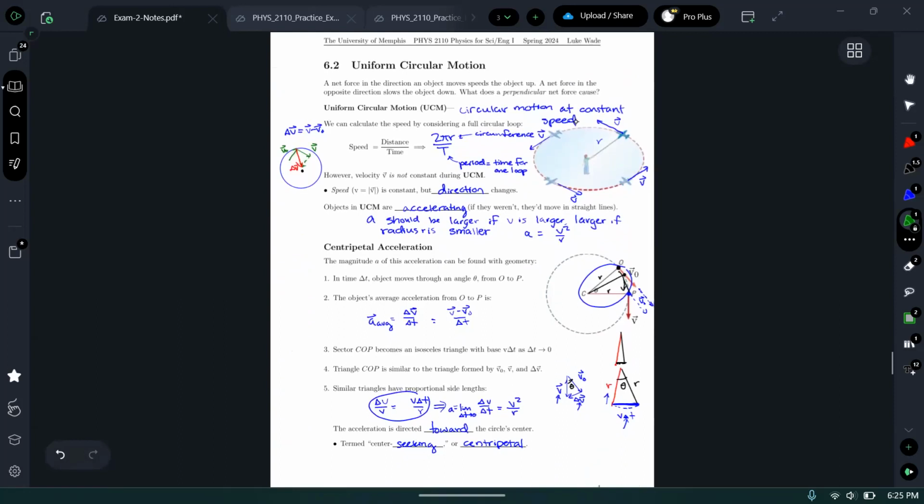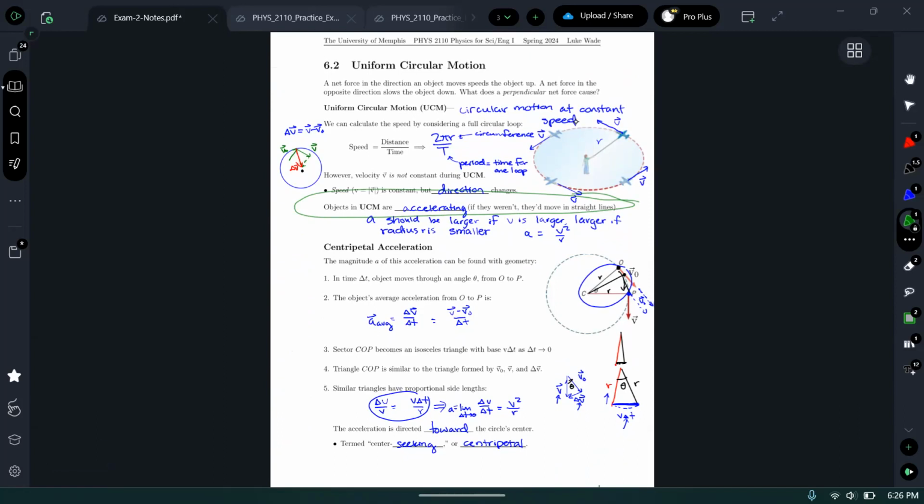Circular motion. This right here is the one that gets messed up every time. Things moving in a circle, even at constant speed, are accelerating because the direction is changing. And acceleration is a change in velocity. That could be speed or direction or both.